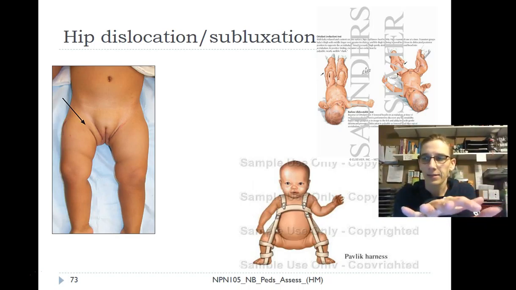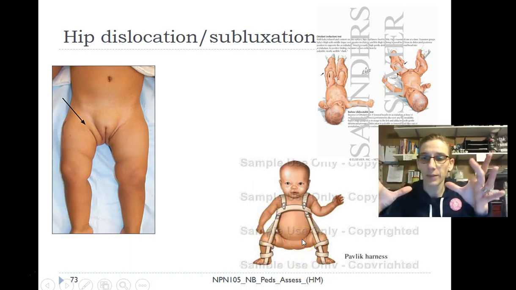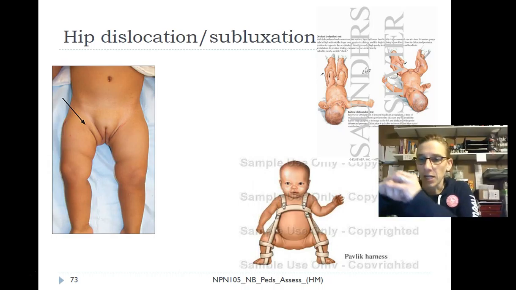When you're on their backs or on their belly and you can see their buttocks, same thing, you'll have uneven gluteal folds. They do sometimes what's called a Pavlik harness. And sometimes they do double diapering where they just put 2 diapers on to keep the legs spread apart. And what they're trying to do is let the muscles form and strengthen around the ball and socket to keep it together.